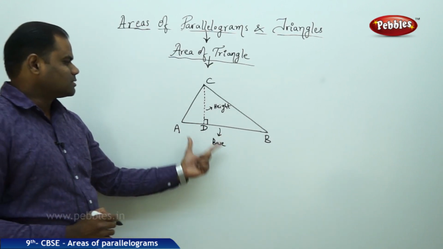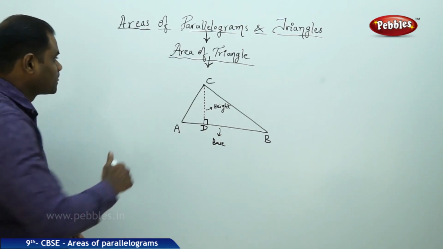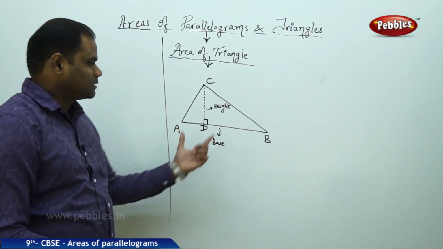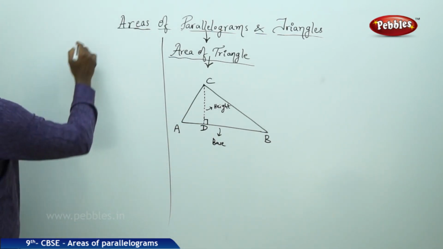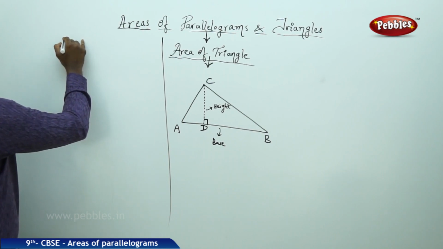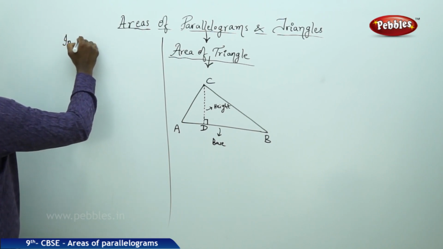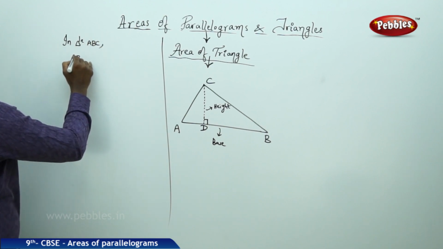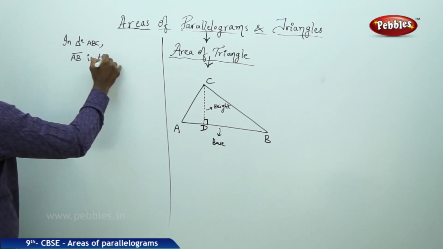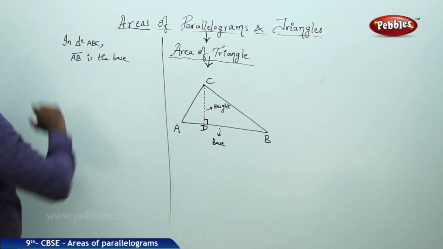So this is the base and this is the height. So let's see how we can connect the base and height with area of triangle. In triangle ABC, AB is the base.